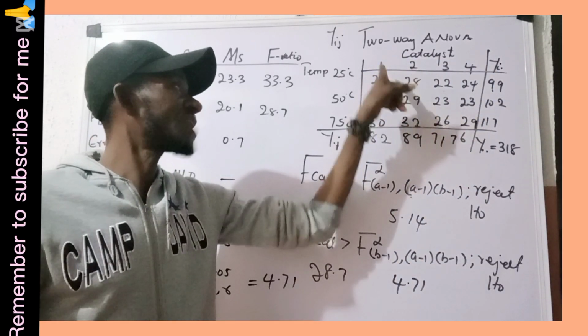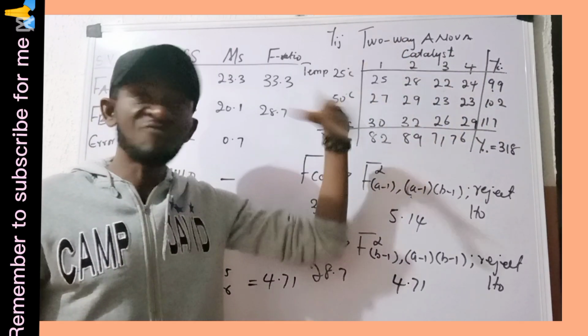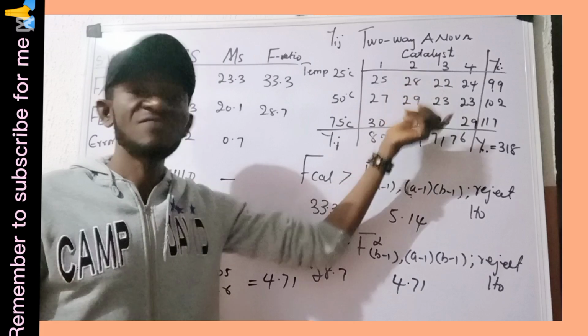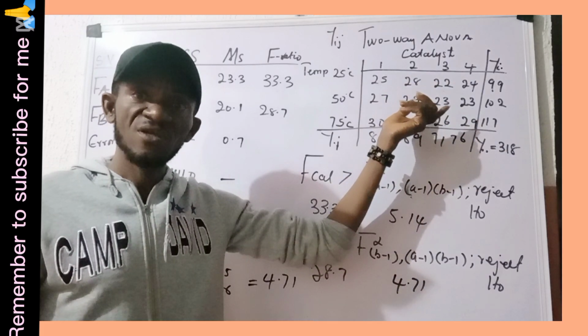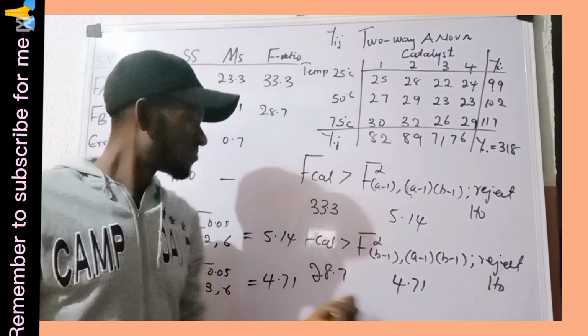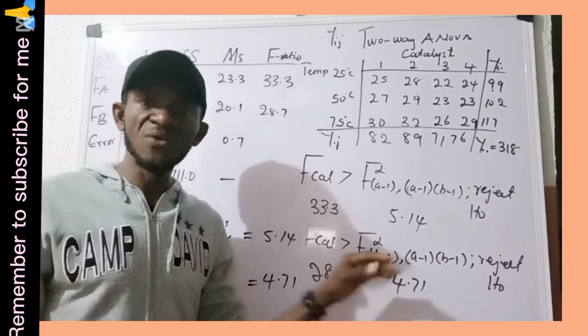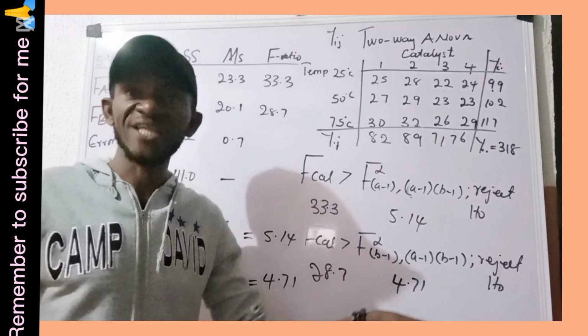These different catalysts, catalyst 1, catalyst 2, catalyst 3, that none of them affects these observations. That is what H0 is saying. But we are now rejecting this H0 because 28.7 is greater than 4.71. And when you reject it, you go over to the alternative.